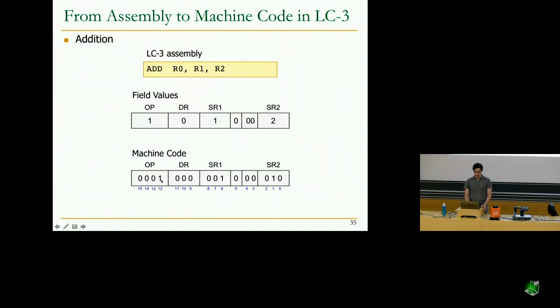This is what is called the opcode, the operation code. Here we have 3 bits for the destination register, 3 bits for source register 1, and 3 bits for source register 2. Sometimes you will see, and you have seen that before, that we use the hexadecimal representation for these bits to be more brief.